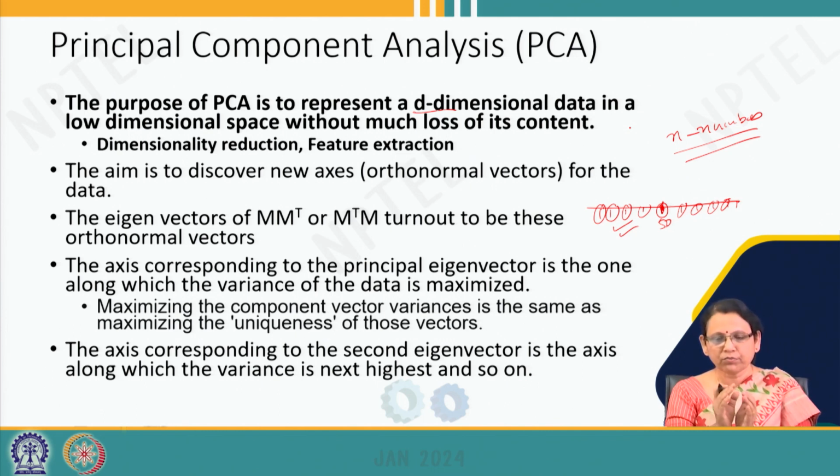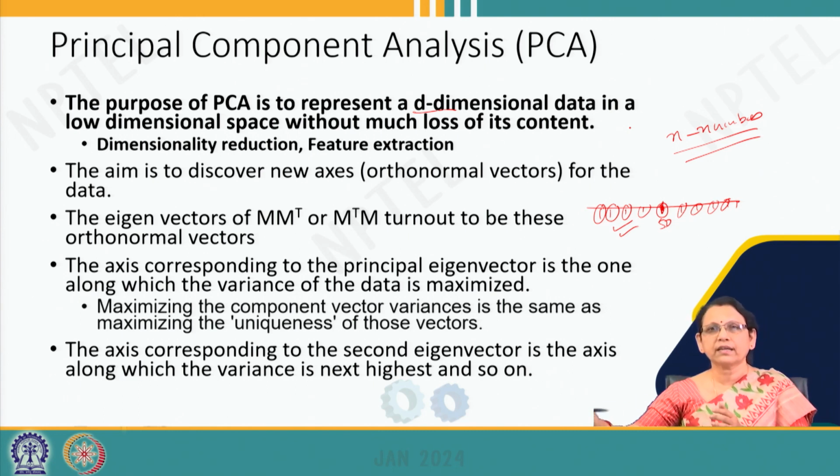In that case, you capture the variability in those principal components, which is the same as that of the original dimension of the data. But starting from the first one till the last one, in the first component you capture maximum variability, in the next a little bit less variability, and so on, and in the last component the least variability.